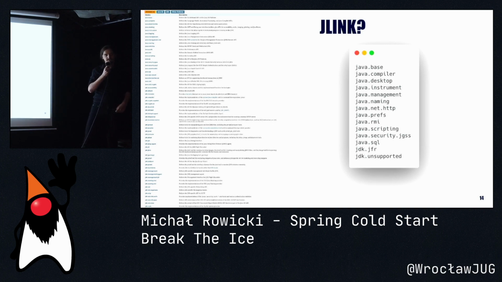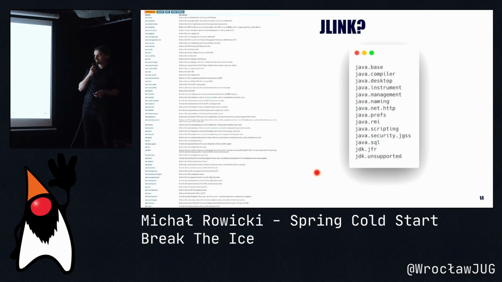Maybe it would be better to push to production only the subset of these modules which are needed by our application. And jlink is the tool which can produce a JVM with a subset of these modules. So on the right side we have some produced modules for the basic Spring Boot application, the modules which were discovered by another tool, jdeps.